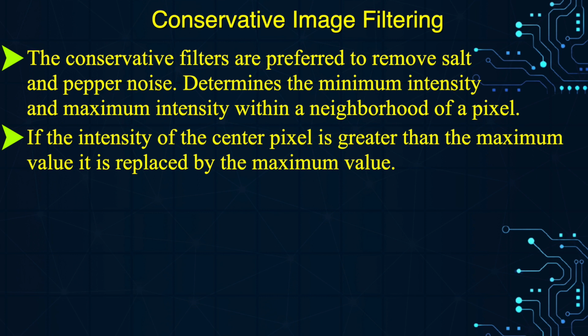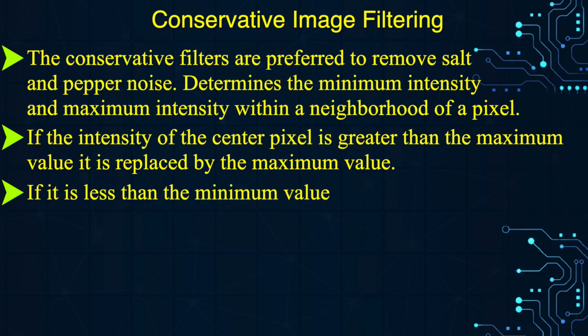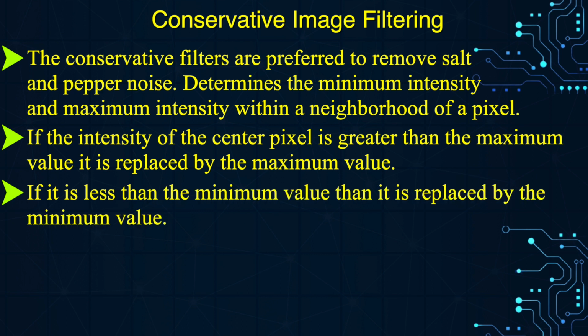Then again the neighborhood is considered, and whatever maximum value comes, that is the maximum filter. The minimum filter is also there: we take one pixel and then the neighborhood of the pixel. In the neighborhood, if anywhere the minimum value is available, that is taken and the pixel is replaced by the minimum value. That is the minimum filter. So these two are both used in the conservative filter.